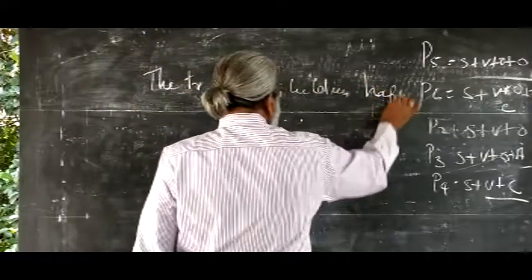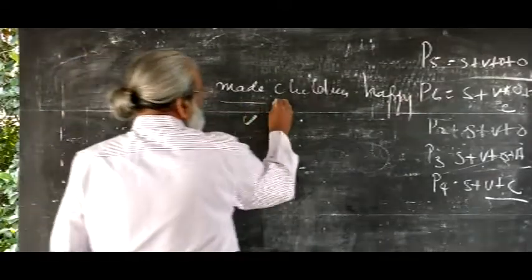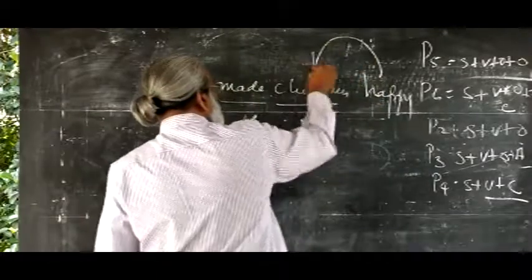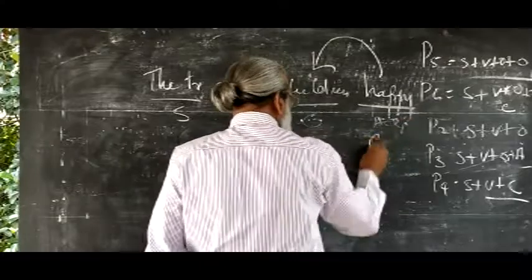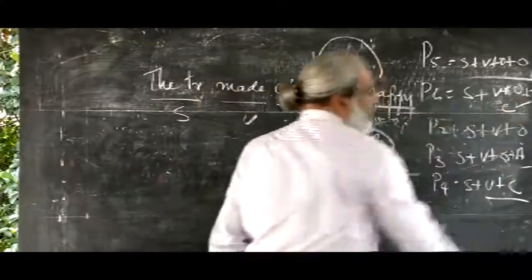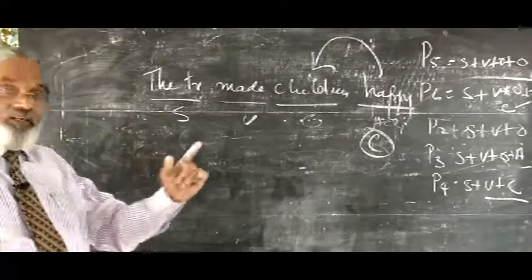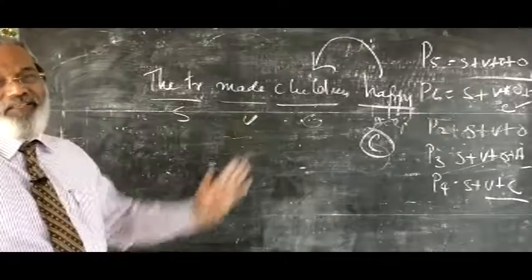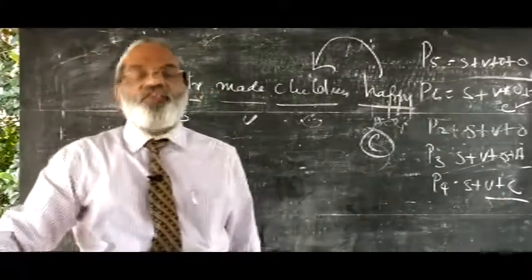Look here, happy. The teacher is subject, made is verb, children is object. Which children? Happy children. So this is an adjective, a complementary function. This is called object complement. Once an object is complemented or supported by another word which is an adjective, it is called OC, object complement function. You make each day special.